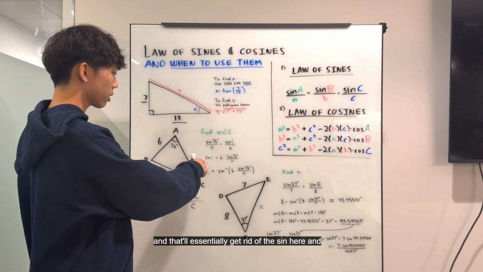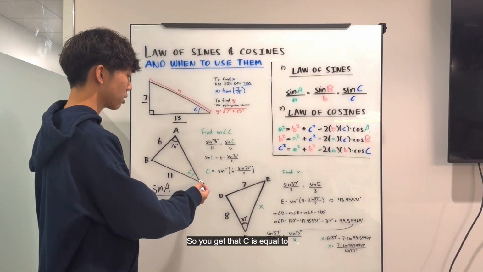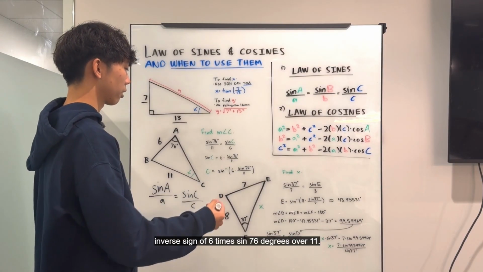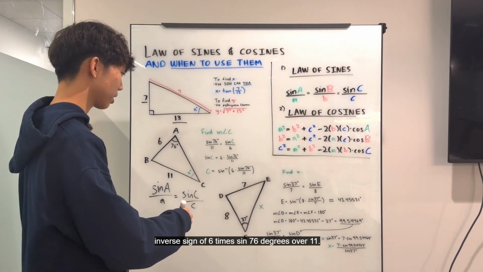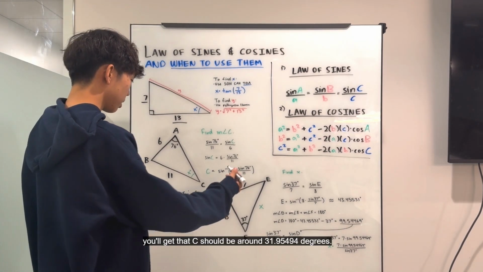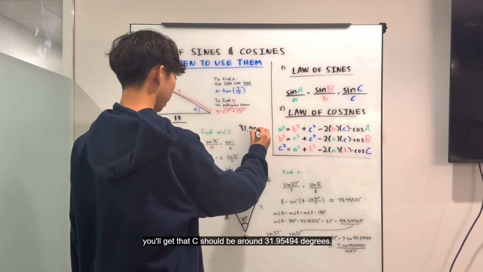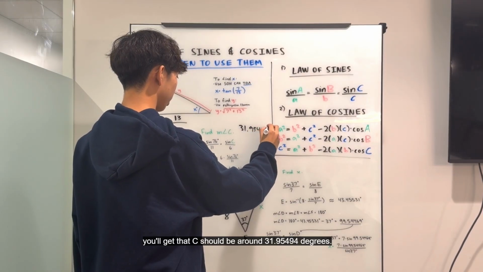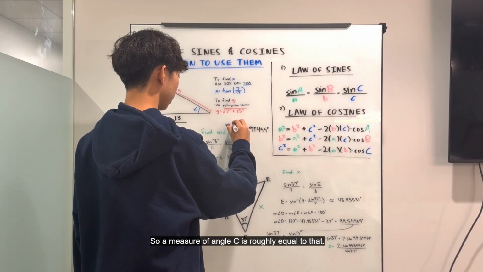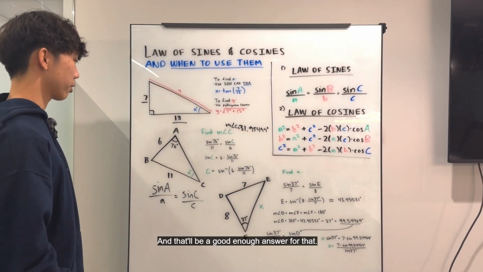So we get that C is equal to inverse sine of 6 times sine 76 over 11. When you plug that into your calculator, you'll get that C is around 31.95494 degrees. So the measure of angle C is roughly equal to that, and that'll be a good enough answer.